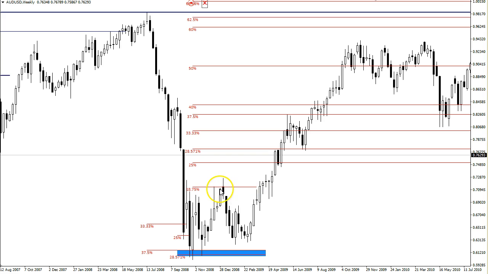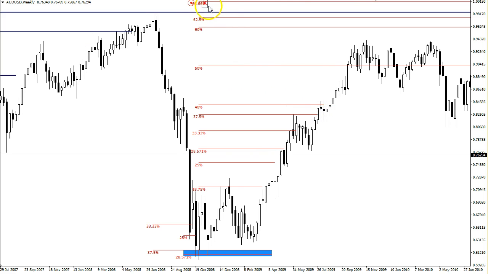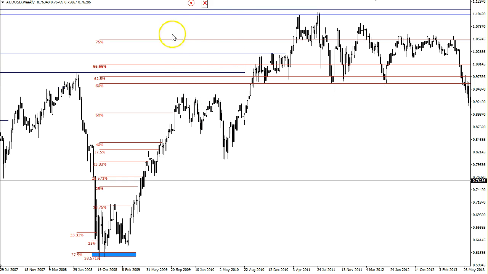Again, you have the 18.571 didn't work, you have the 25 didn't work, you have 28 didn't work, you have the 33 didn't work, 37.5 did work, 40%, almost 50%, there were no reaction, and you have 60%, no reaction, 62.5 no reaction, 66.66.